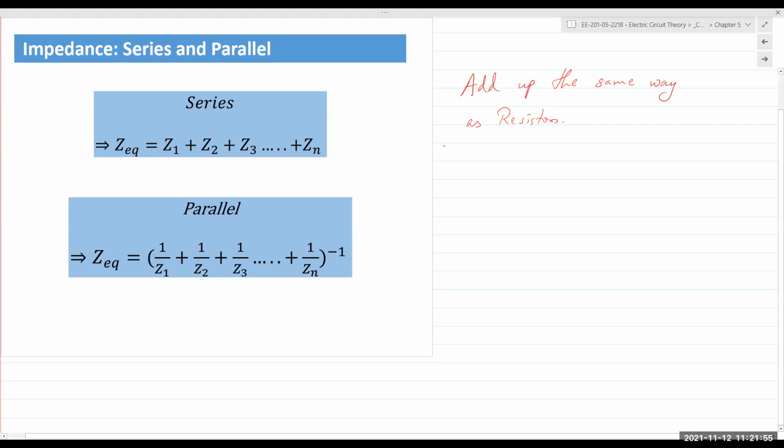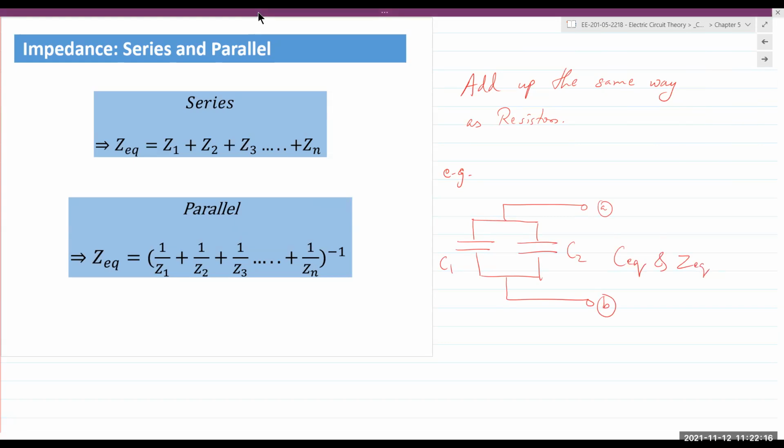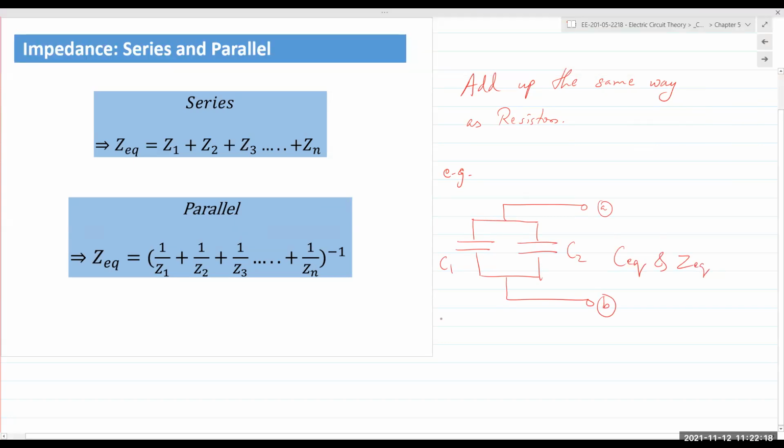So the example I want to point out is this. You have a capacitor, C1, and C2, and you want to find CEQ and ZEQ between those same two points.